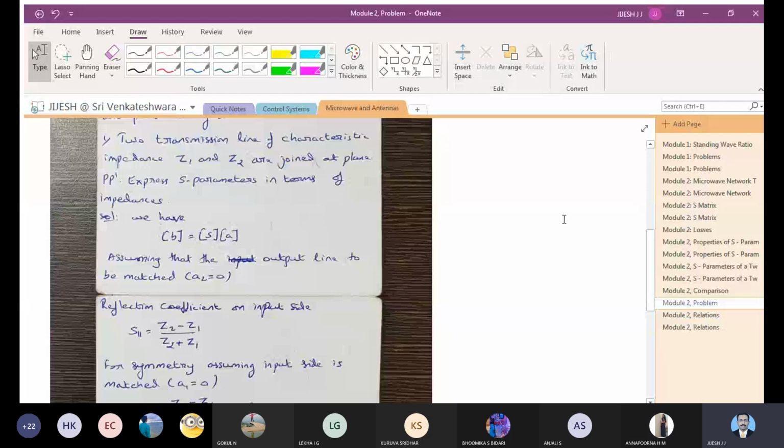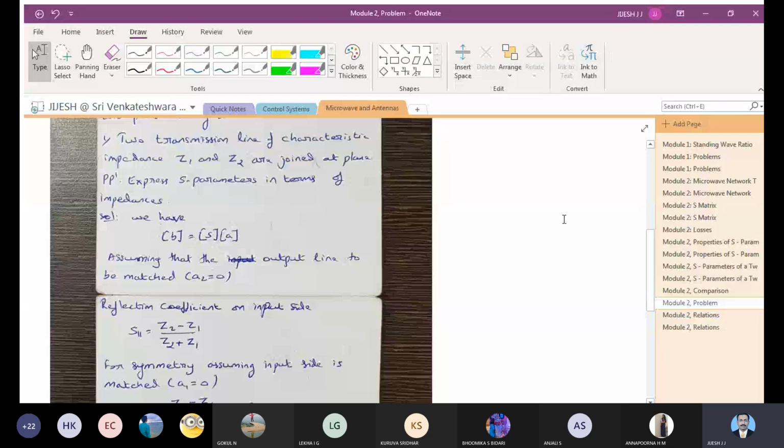Here you can see that two transmission lines of characteristic impedance Z1 and Z2 are given. It can be Z1 and Z2, or it can be Z0 and ZL, anything in the question, but the procedure of solving remains the same. When you use it as per the question, you can slightly modify it.